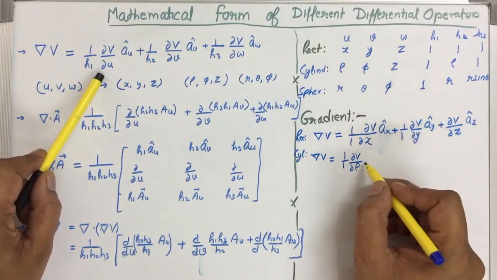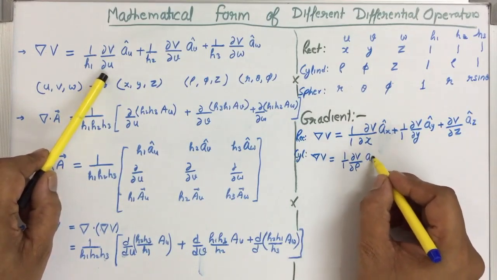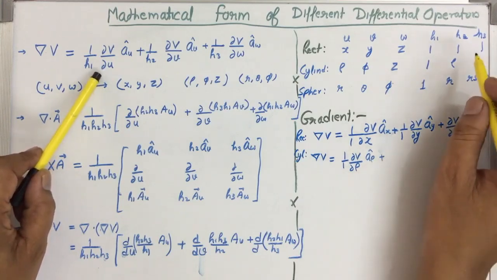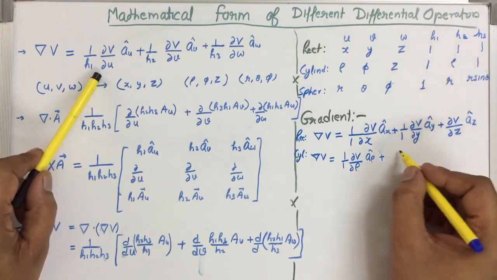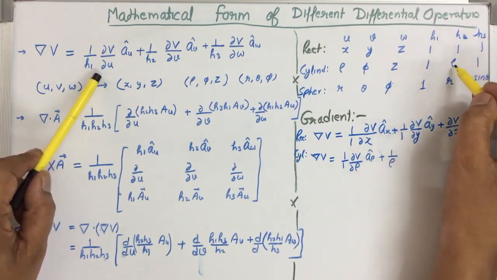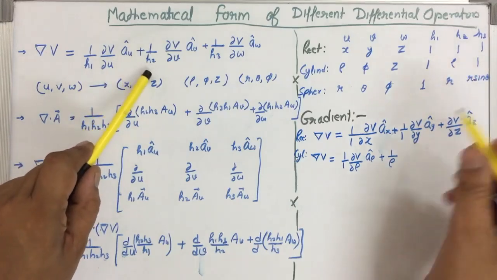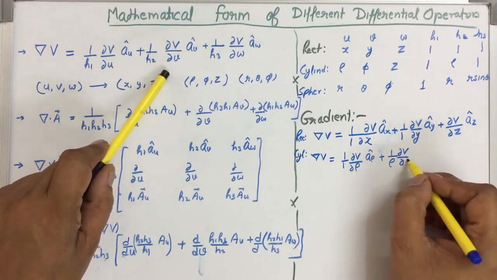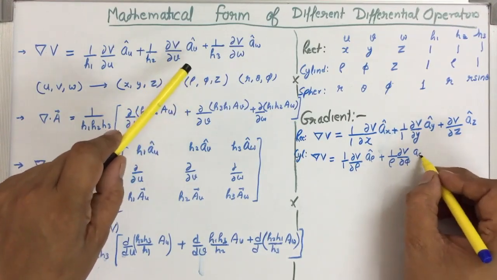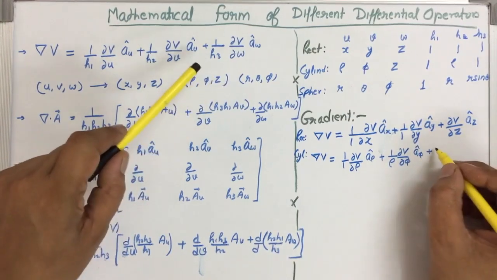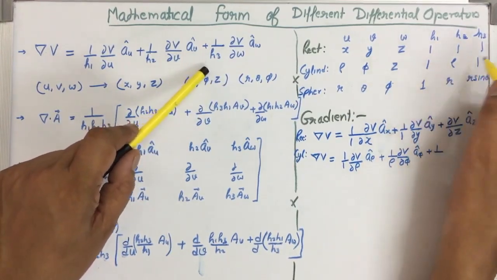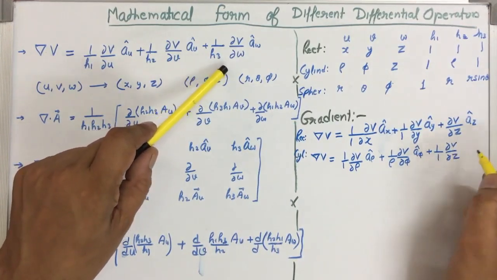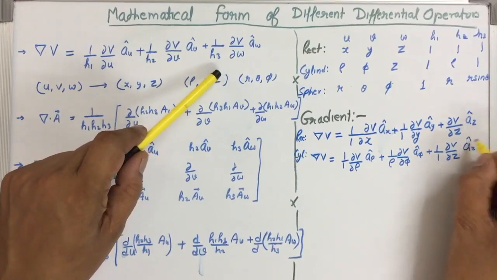So del v over del rho in the direction of a rho, plus h2 will be rho, so it will be 1 by rho del v over del phi in the direction of a phi, plus 1 by h3, which is 1, del v over del z in the direction of a z.